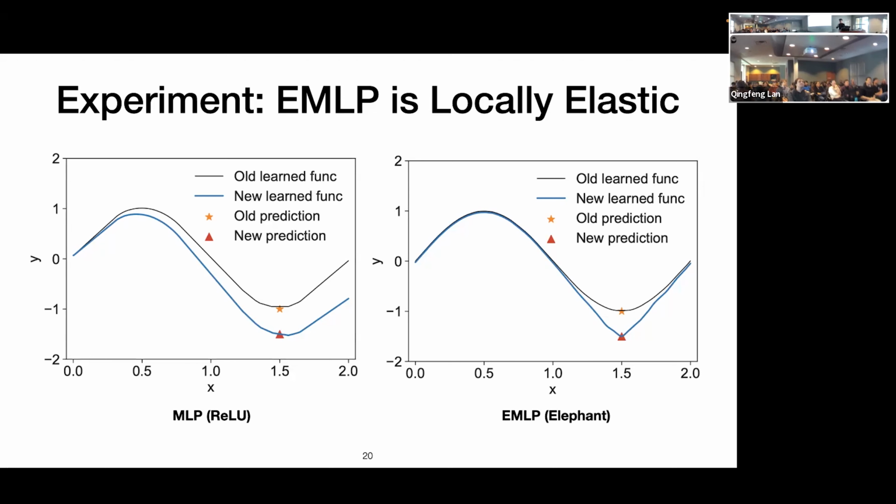I have a question. Since you have your elephant activation function, your gradients are very sparse. You're just changing the function very limitedly. But I'm looking at these two diagrams and wondering which one is better. Do you have analysis on how elephant activation affects generalization?